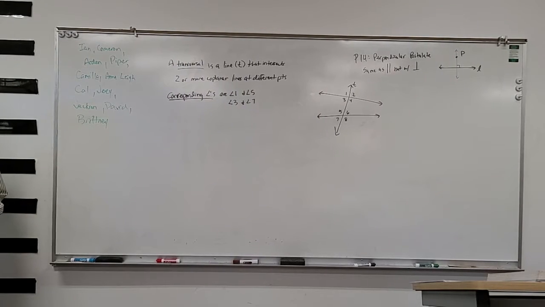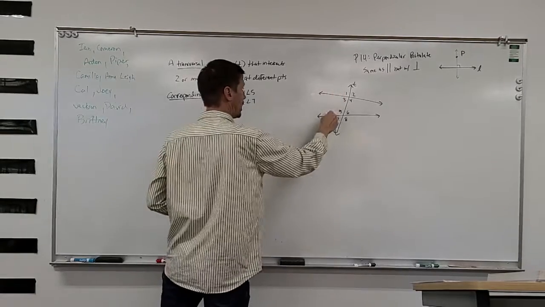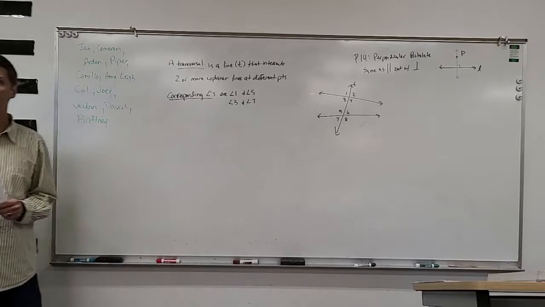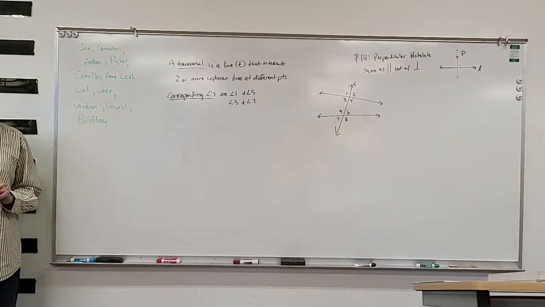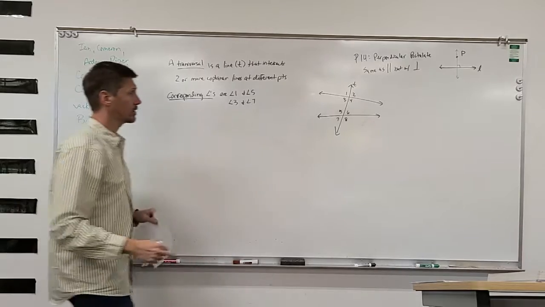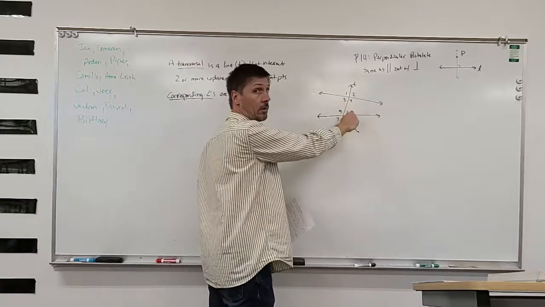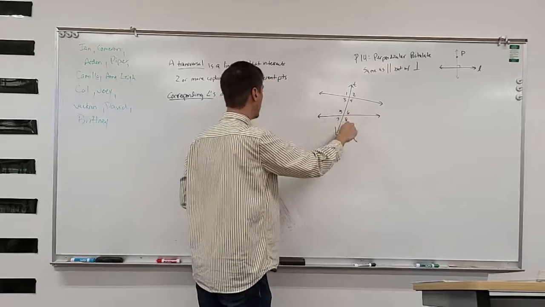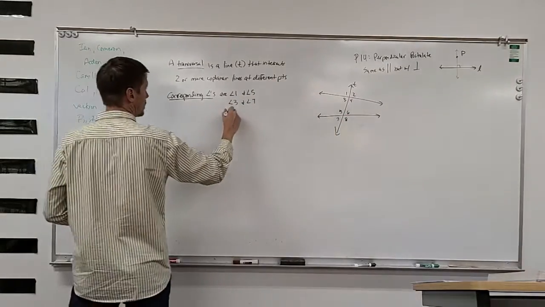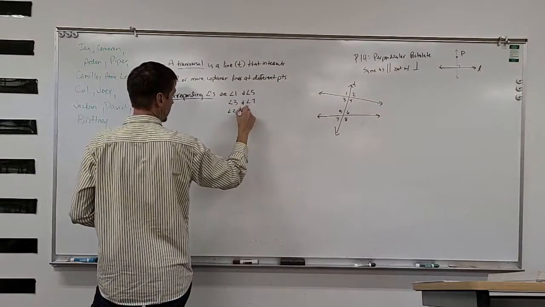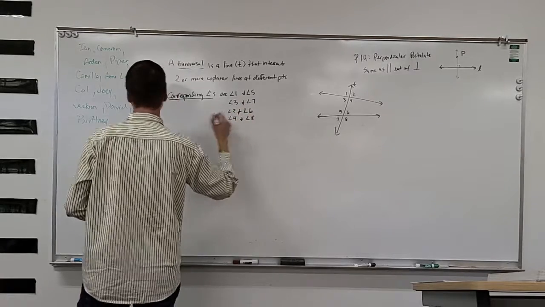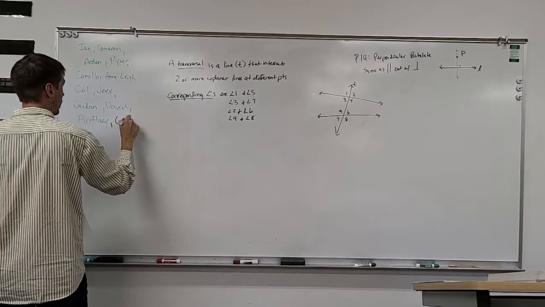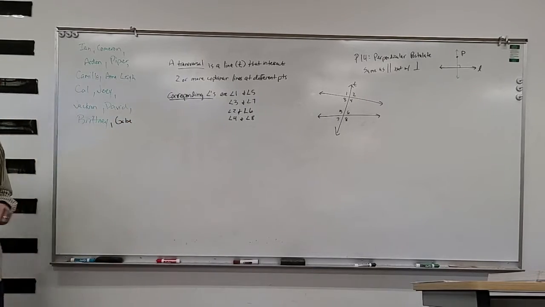Who can tell me other angles that would be corresponding angles, based on 1 and 5 and 3 and 7 being corresponding? Anybody that hasn't gotten their name on the board yet? Gabe? 2 and 6, right? And what else, Gabe? 4 and 8. 4 and 8 also. So he's exactly right: 2 and 6, and 4 and 8. So those are all of our corresponding angles.